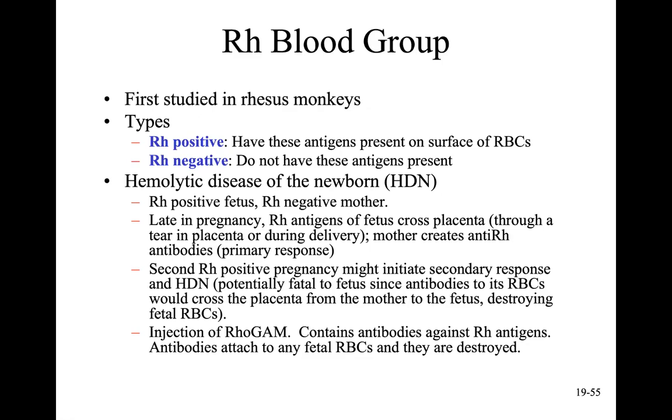The biggest difference between Rh and ABO is that in ABO, you form antibodies at about 6 months of age, and you continuously form antibodies to what you don't have immediately. Well, with Rh, when you have an incompatibility, you make antibodies only if you're Rh negative and only if you've had a first initial transfusion reaction.